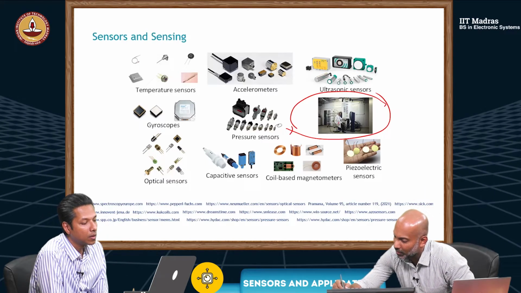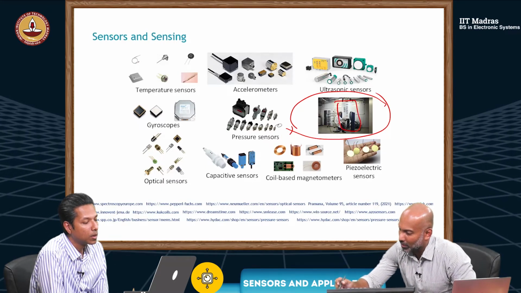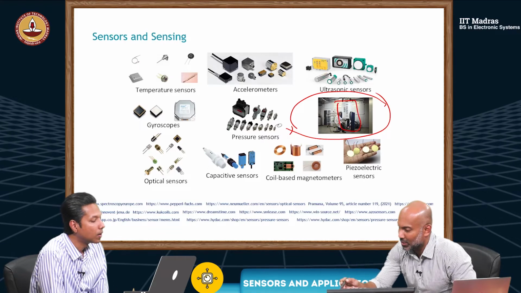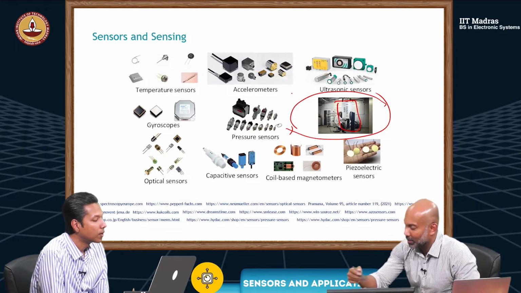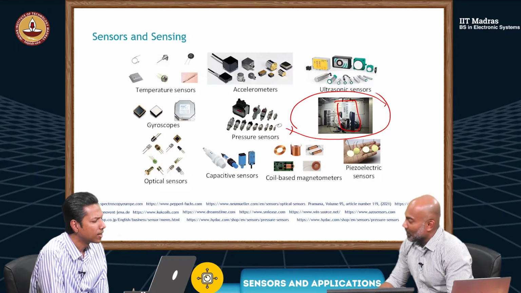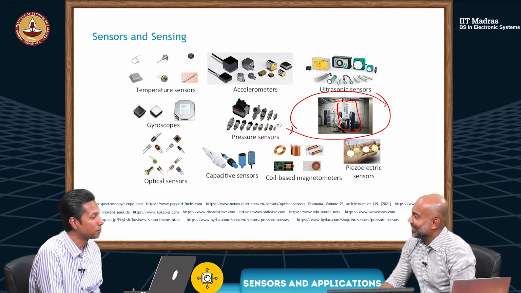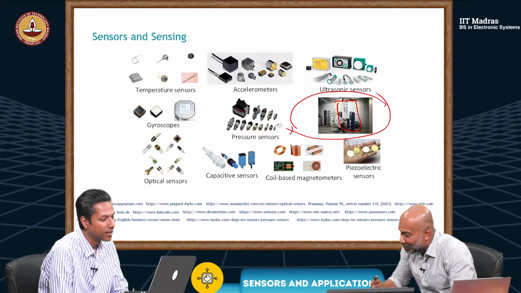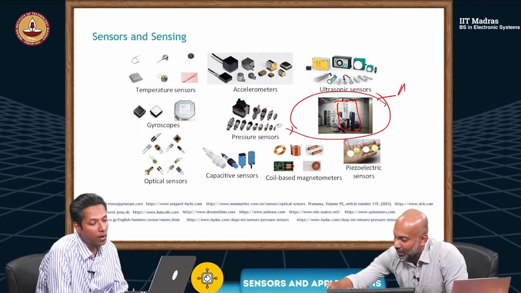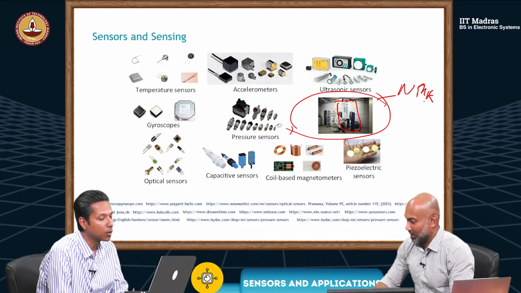But what is this guy doing here, sitting down? If you talk about size, it's not really comparable to all the other sensors. But is it a sensor? I don't know. Because everything else is a sensor, it could be. So that is also a sensor. This is what we call an NMR, or nuclear magnetic resonance, sensor.